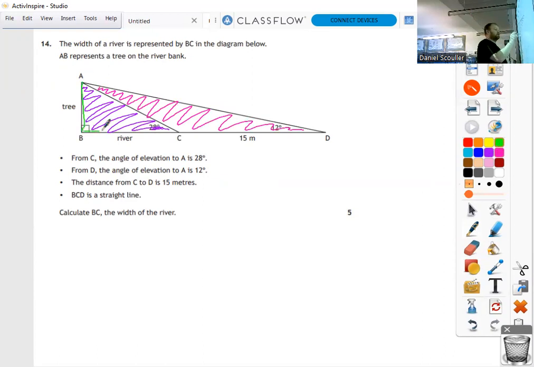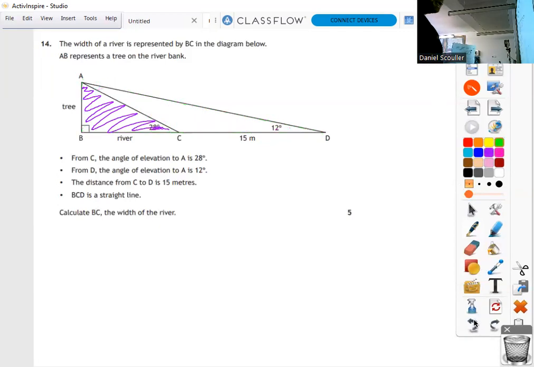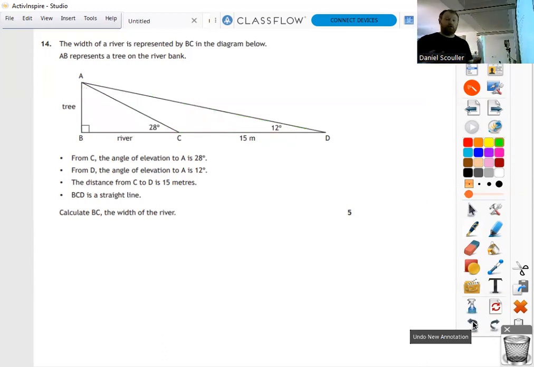So people were throwing out distances and angles and all sorts of fun. So there's really three triangles making up this question. So it's understanding which one you want to work with, and then working out what rules apply to that.